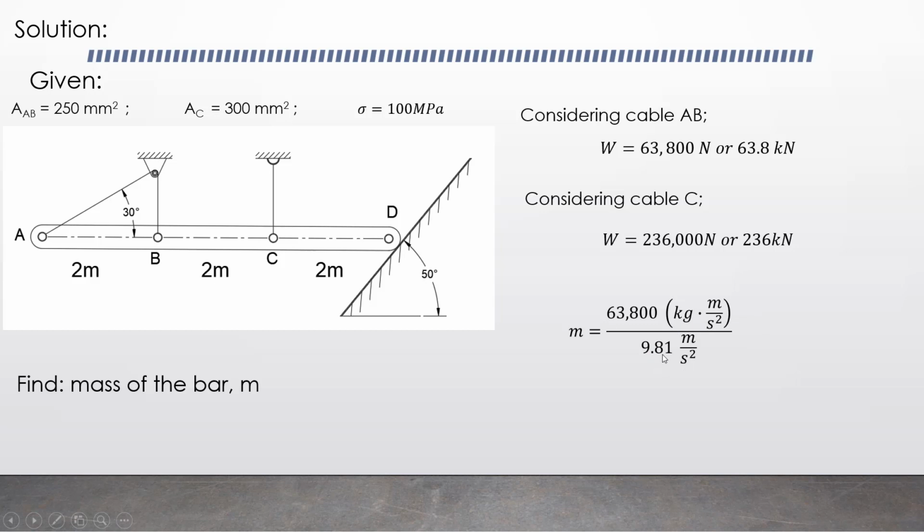Okay, so just dividing that, you get 6,500 kilograms. That is the maximum mass that these two cables can carry. So when you exceed 6,500 kilograms, it means that the cable AB will be damaged.